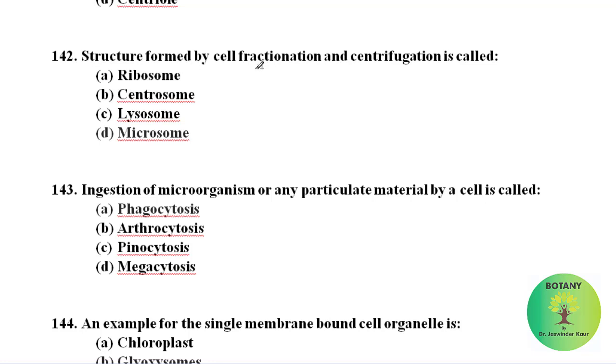The structure formed by cell fractionation and centrifugation is called? After the cell fractionation and centrifugation, a structure is formed that is known as microsome. Ingestion of microorganisms or any particulate material by a cell is known as phagocytosis.